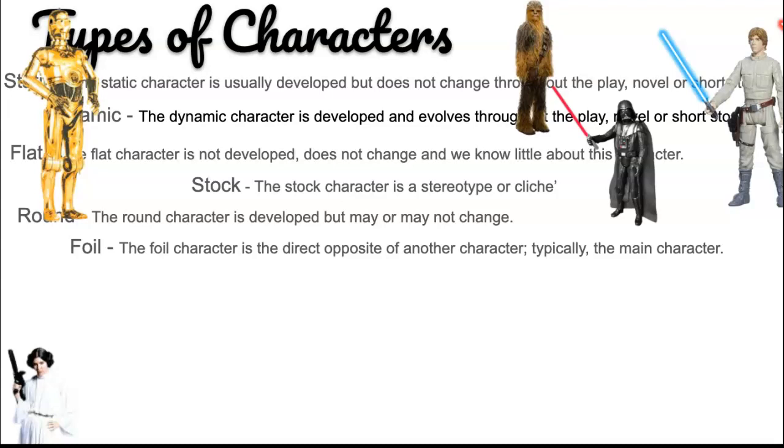So in Star Wars, Han Solo would be a foil to Luke Skywalker. Han Solo is older than Luke Skywalker. He's more mature, and so when they first meet, that becomes very obvious. And so Han Solo actually highlights the naivete of young Luke Skywalker.